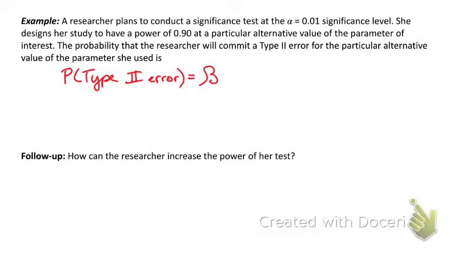Yeah, beta and power are complementary, and so beta equals 1 minus the power. And so what is this equal to? 1 minus 0.9, which is 0.1.